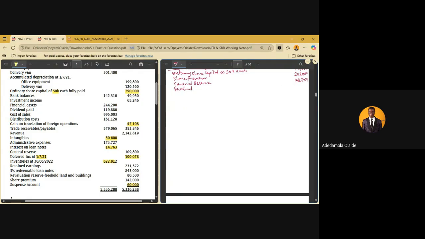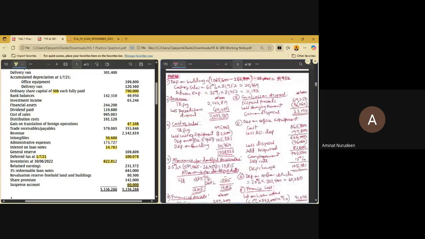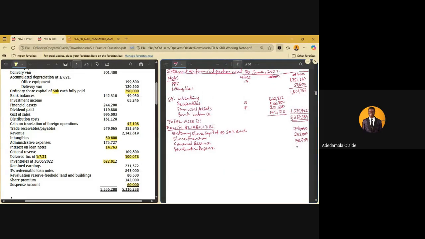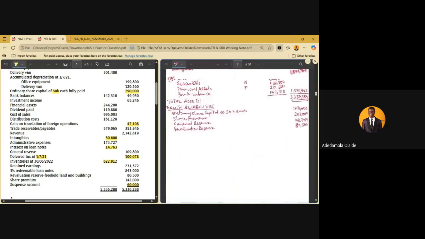Revaluation reserve 8,500. Then retained earnings 565,457.